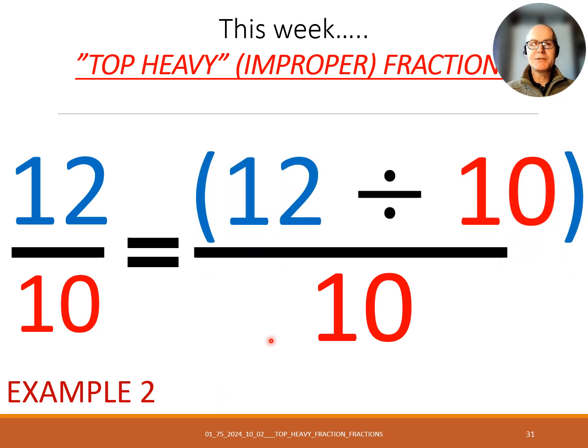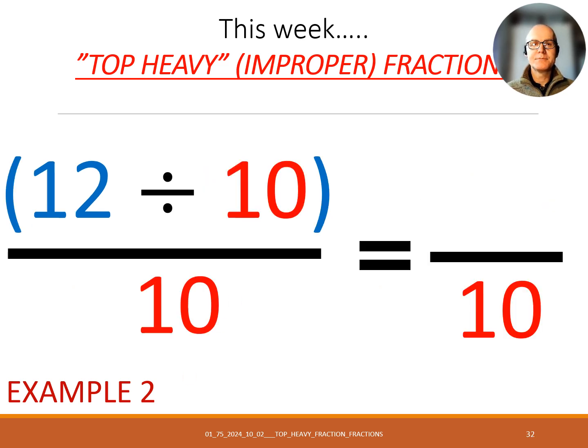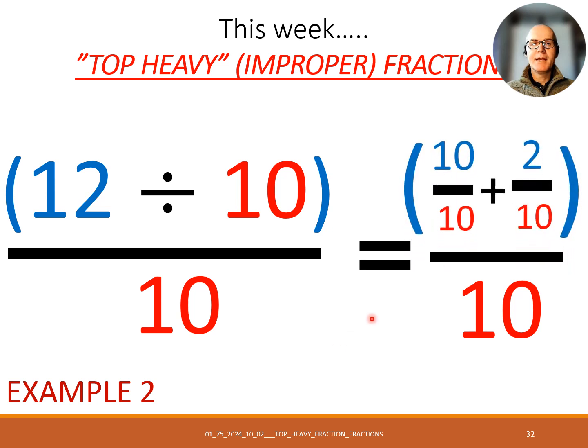Same as the previous one, we divide the denominator into the numerator. How many times will 10 go into 12? 10 will go into 12 once. One whole. 10 over 10 is a whole. Take 10 away from the 12, you've got 2 left over.